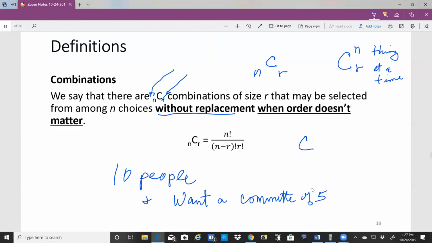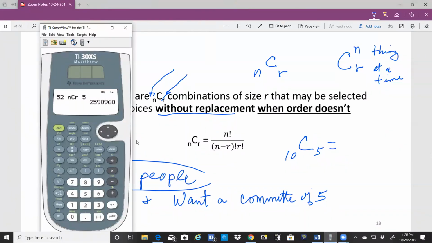So we want to take these 10 people and form a committee of 5 from those 10 people. The number of ways you can do that is the combination of 10 things taking 5 at a time. And we will do that with the calculator.